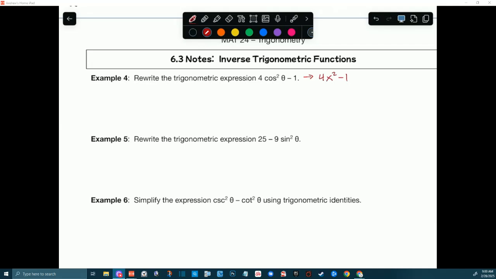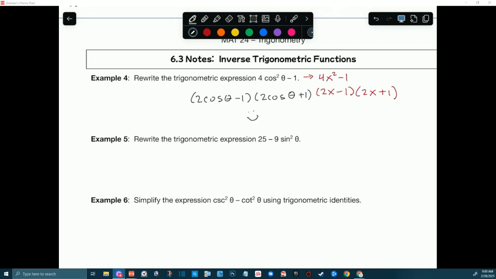A squared minus b squared is just a minus b times a plus b. So I'm pretty sure this is going to factor into 2x minus 1 times 2x plus 1. And if I do that replacement, x is cosine theta, that's going to give me 2 cos theta minus 1 times 2 cos theta plus 1.